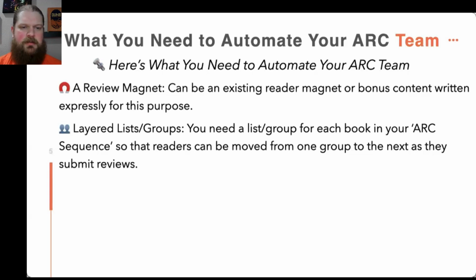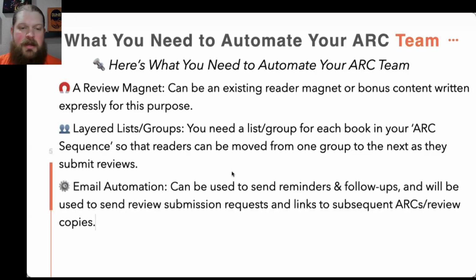And I say this because when you sit down to set this whole thing up, you're just going to want to create them all at once, right? You're going to want to sit down and create all the groups or all the lists, and the email automations. So, for example, for your review magnet, you're going to probably want to have a reminder and a follow-up. This reminder just says, hey, just reminding you to download the book and read it.